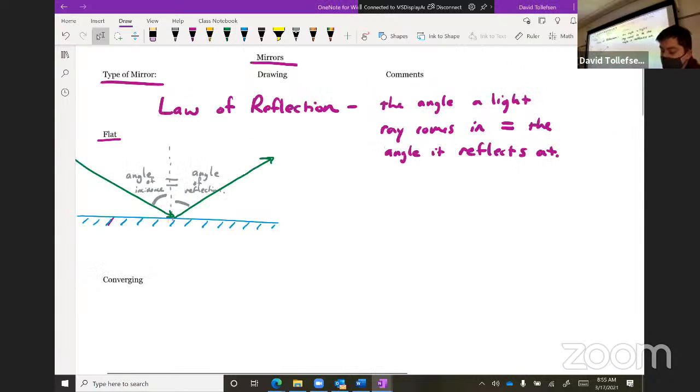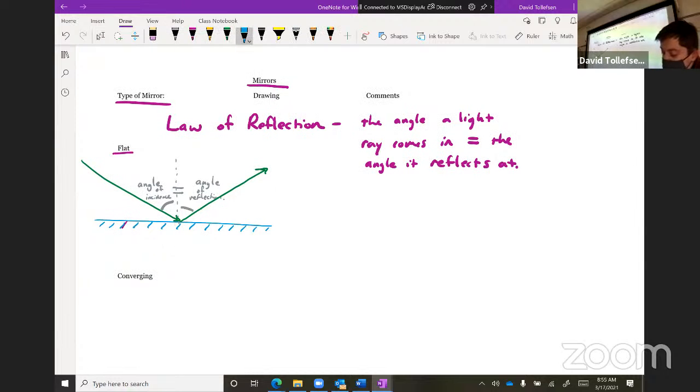How this works in a mirror: if you're looking at yourself in the mirror, you can draw a pretty picture of yourself.